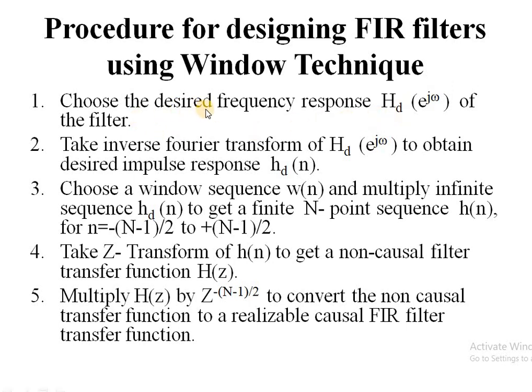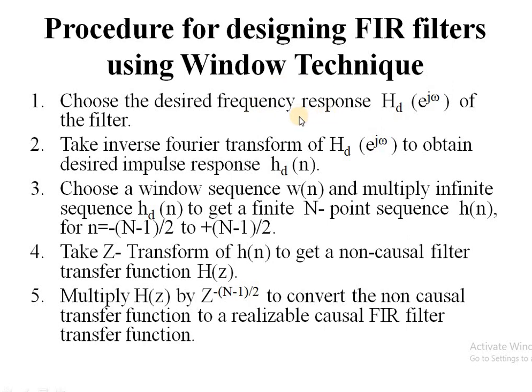Those specifications will be already given, or sometimes they will give you the specifications related to the cutoff frequency. Based upon that, you need to write the values of HD of e power j omega based upon ideal filter characteristics. And once we choose this desired frequency response, also verify what is the value of N and which kind of windowing technique they are suggesting us to use in the design of this particular filter.